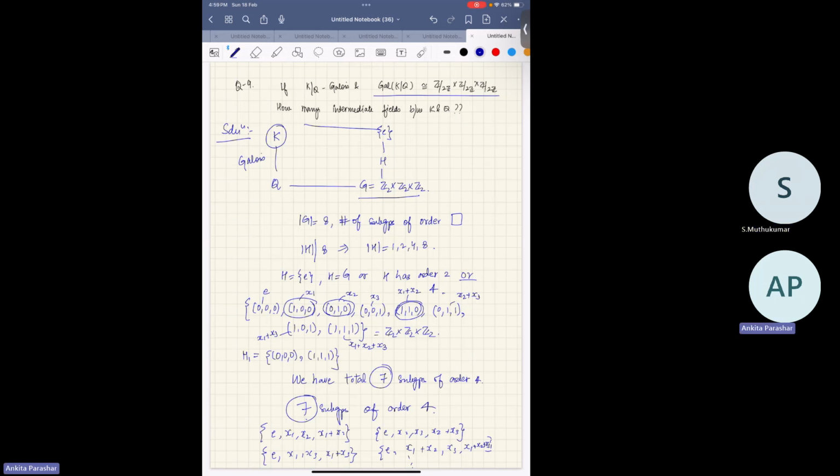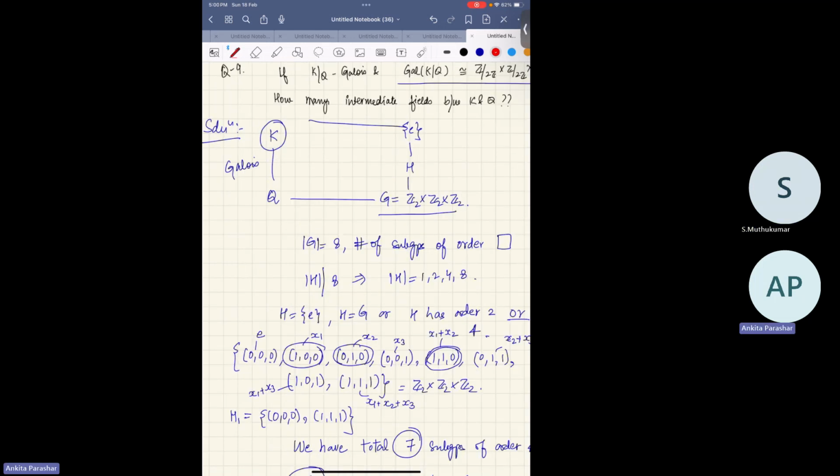So now can you tell me how many total subgroups, and that will give how many total intermediate fields there are?